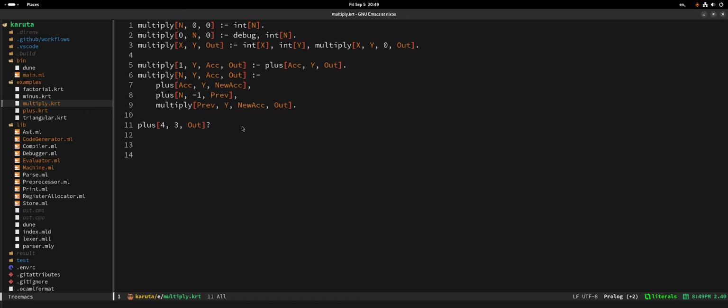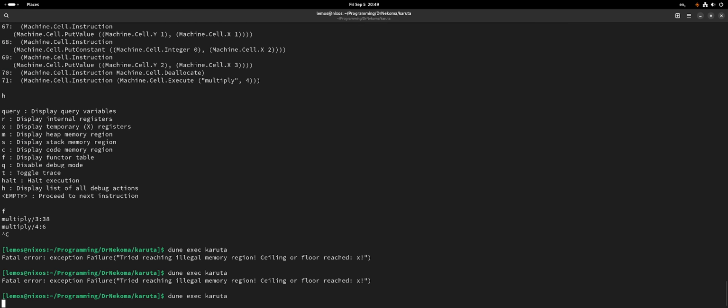There is a trick we can do in here. We can just say plus, and then we say that plus x, y, z is debug with a plus. That's perfectly okay. There we go.